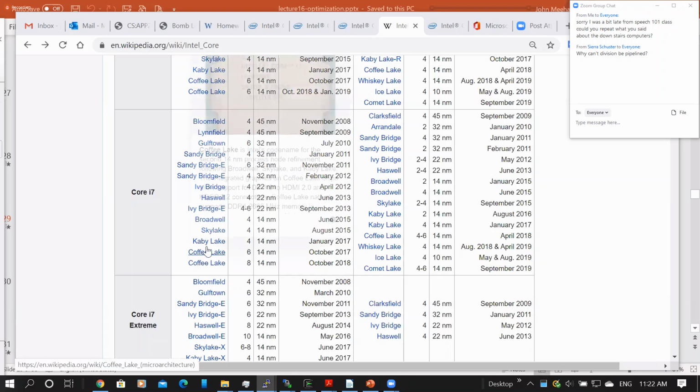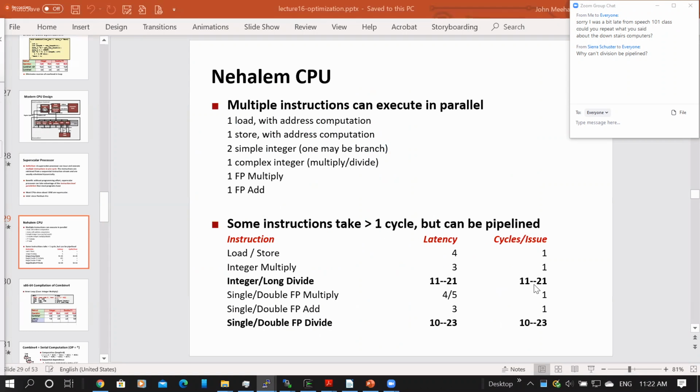So somebody's asking a question, why can't I pipeline the division? Well, that's what this is telling me here. The cycles per issue is saying, well, you'd have to wait till the whole thing finishes before you could issue the next one. So is that what you were asking? It's because of the cycles per issue. Or are you asking why you can't build the circuit in such a way that you could pipeline it?